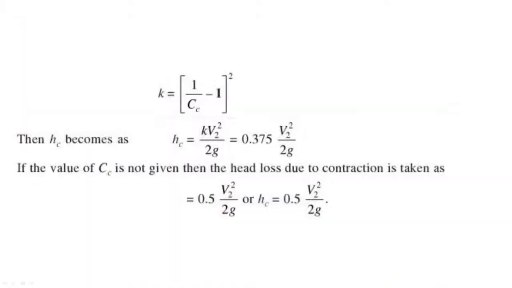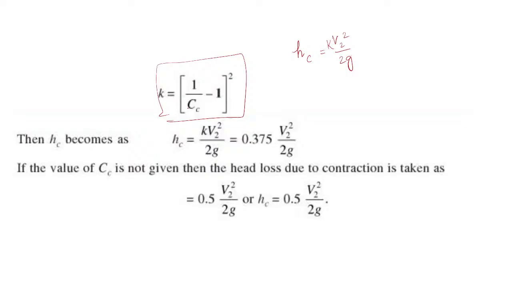In short, some textbooks give it like this: the sudden loss due to contraction, hc, is V2 square by 2g into K. Now, what is K? K is nothing but what has been shown here.